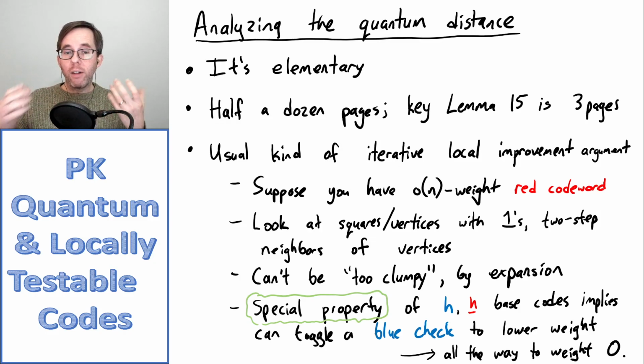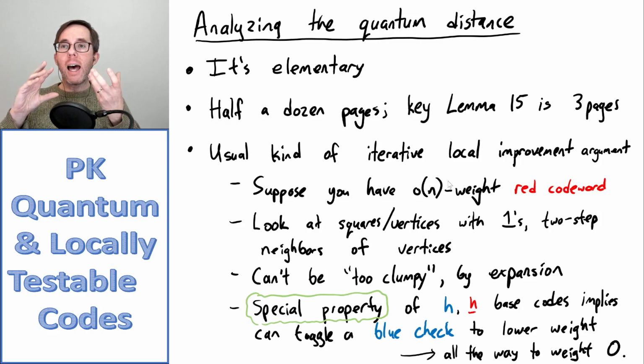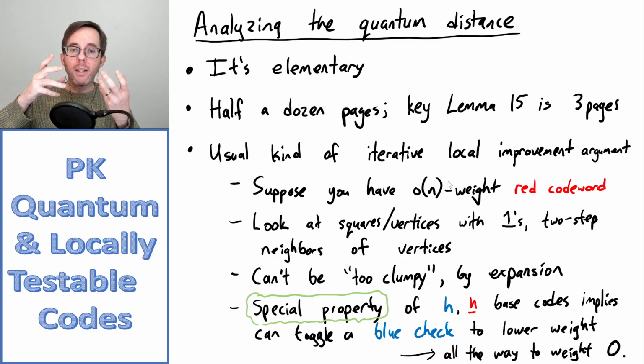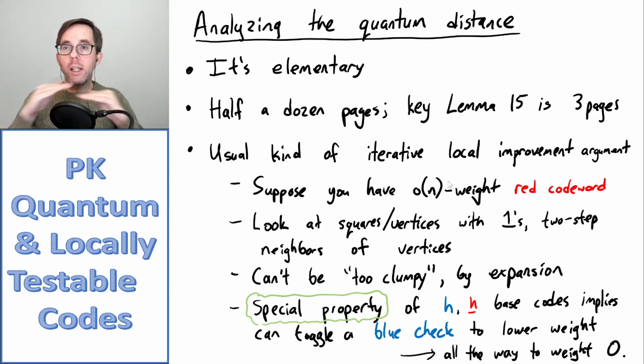So how does it go? You say, suppose that you have a red code word that's of weight little o of n. What we want to show is that by toggling blue checks, you can turn this red code word into the all zeros code word. Once you do that, this is one of the ones we don't have to worry about.